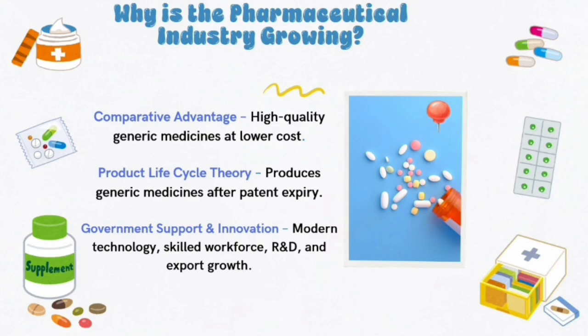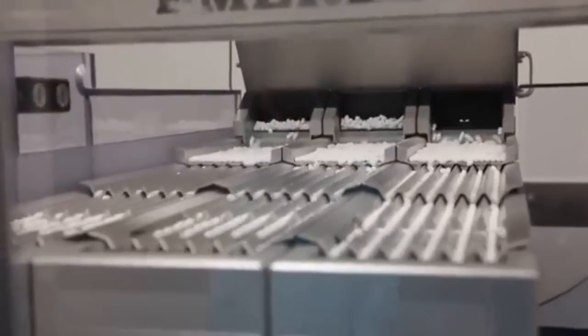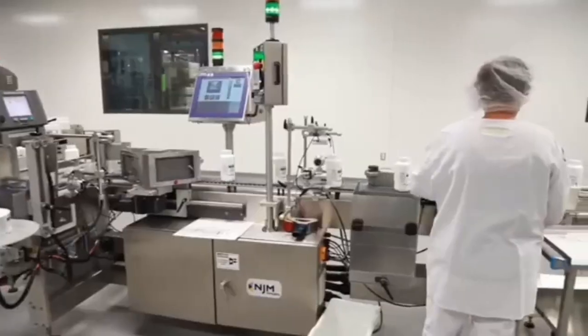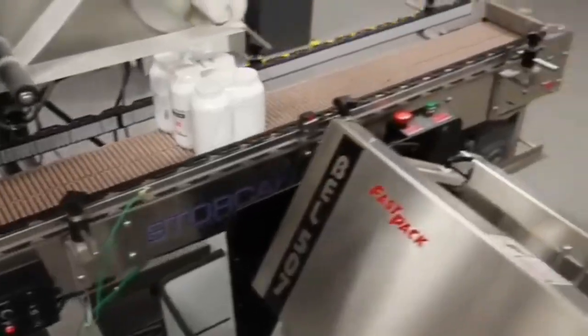After the patent of a medicine expires, Bangladeshi companies can manufacture affordable generic versions and export them to countries around the world. Finally, strong government support, modern manufacturing technology, skilled professionals, and continuous investment in research and innovation have helped the industry grow even faster.